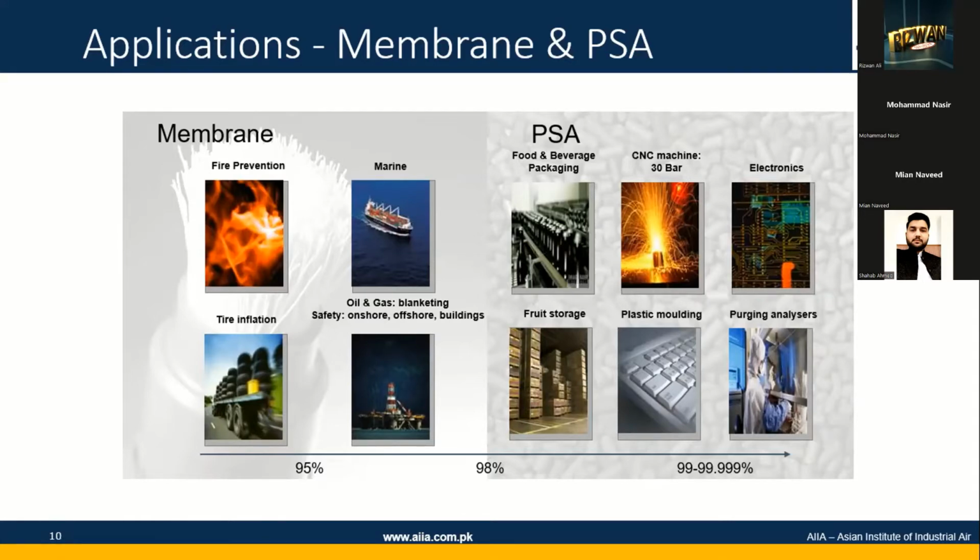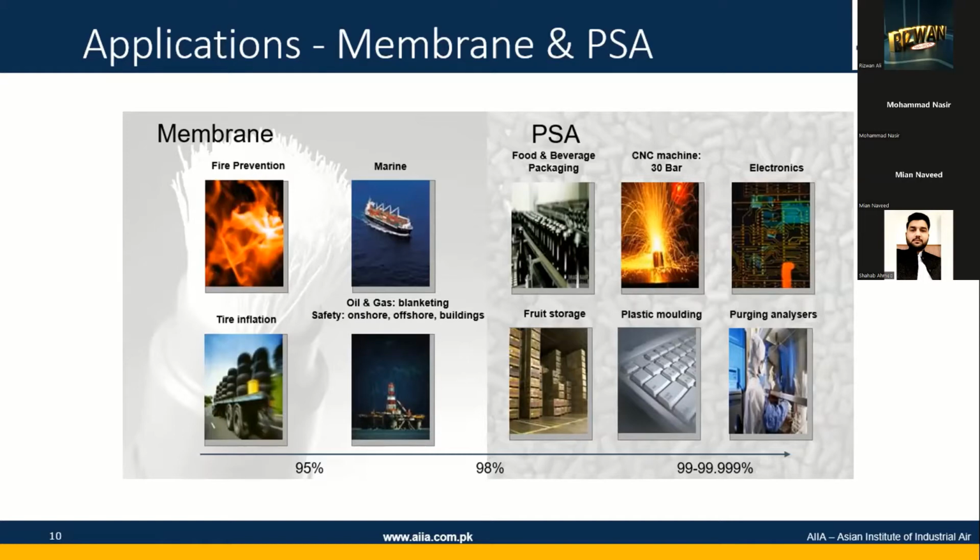If your requirement is above 98% and it goes to 99.999%, then comes the PSA technology. PSA is basically a pressure swing adsorption technology, which I will explain in the later slides, and will show you how it works.